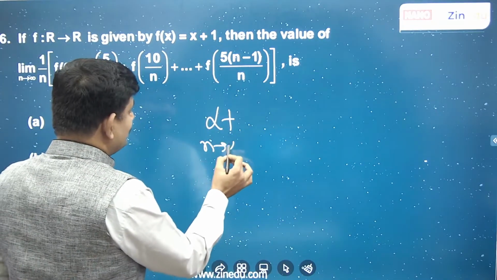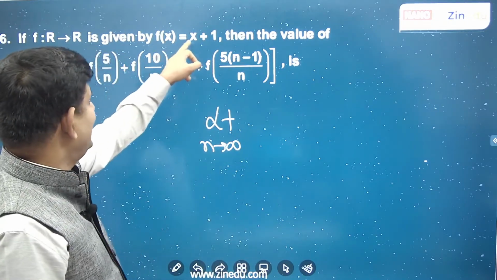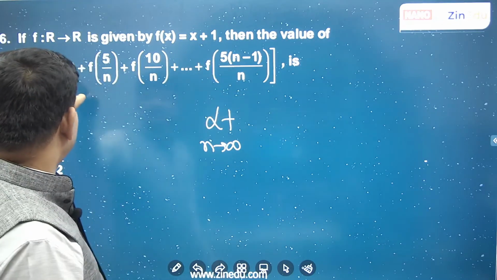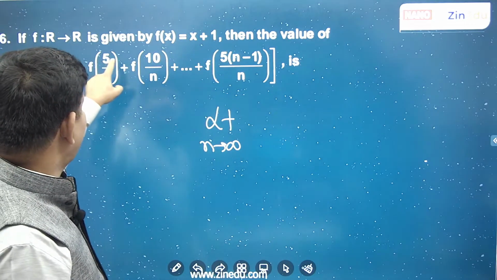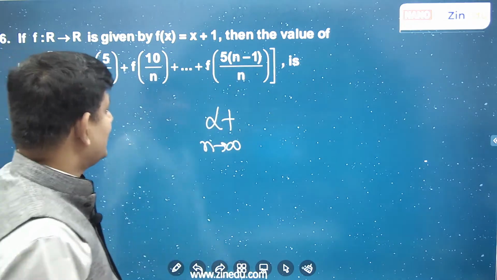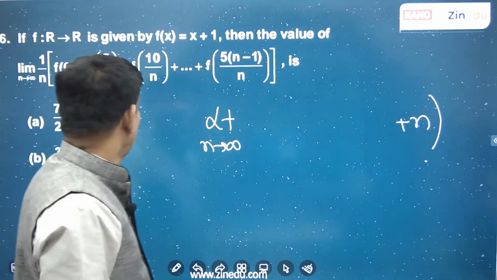Limit n tending to infinity. What is f of x plus 1? So I will write these ones separately. How many ones are there? Starting from 0, 5, 10, and so on up to 5n minus 1, n ones are there. So n ones I will write separately. Then what?